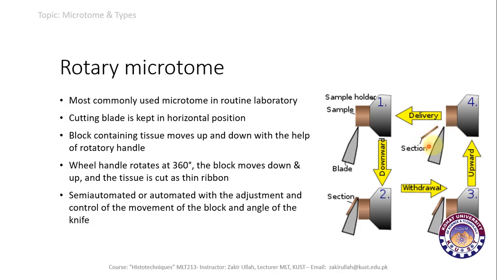Then we can see here that the section is separated and a thin ribbon is formed with the help of this rotary microtome. In this way, we can get different slices, different sections of a tissue with the help of microtomy.